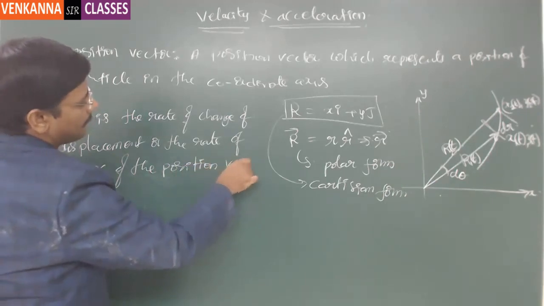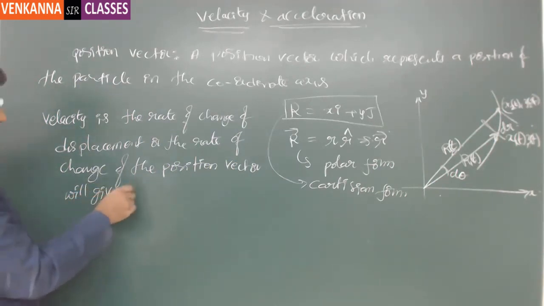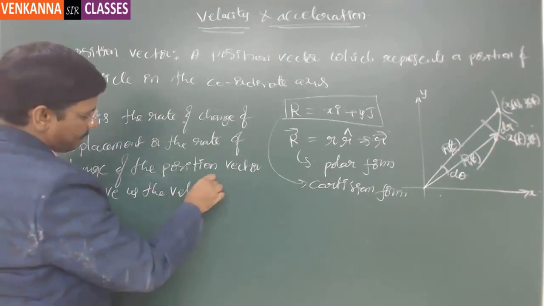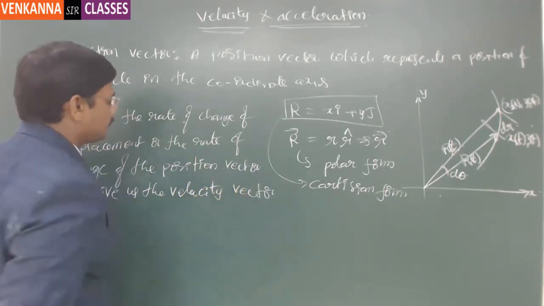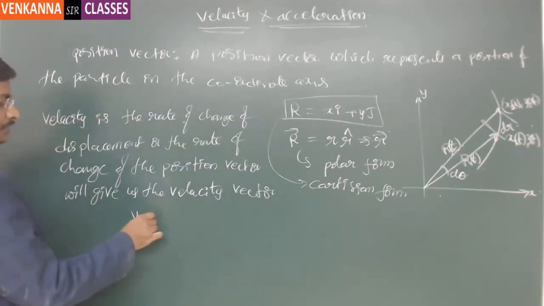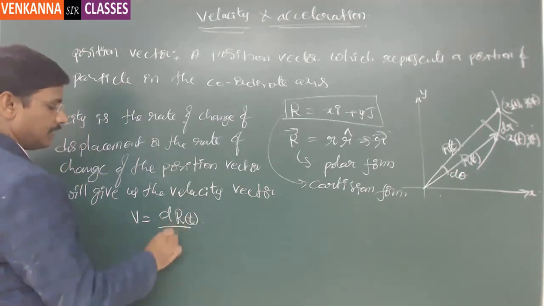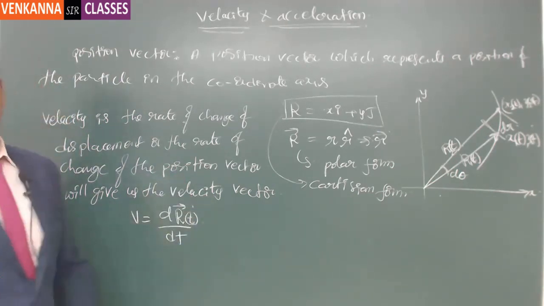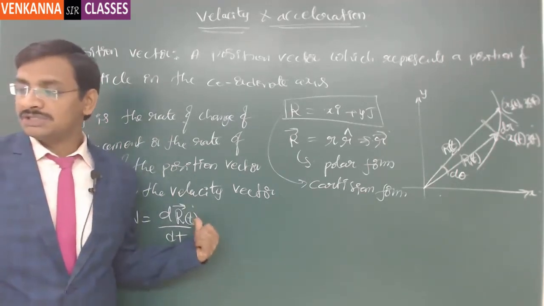Position vector will give us the velocity vector. Got it? So this is v, in short, is nothing but dr by dt, where r is a vector and is a function of time. That means it's a vector. Got it? r is a vector which is dependent on the time.